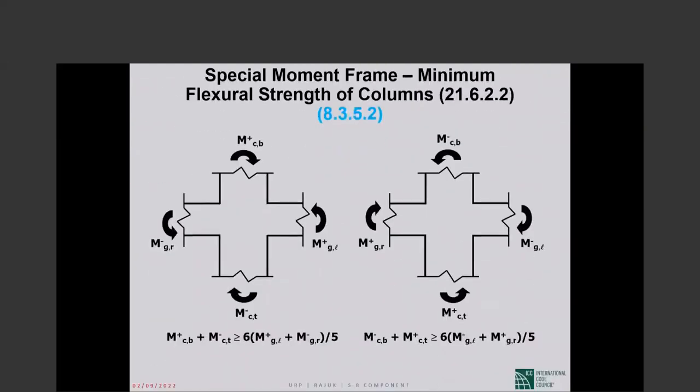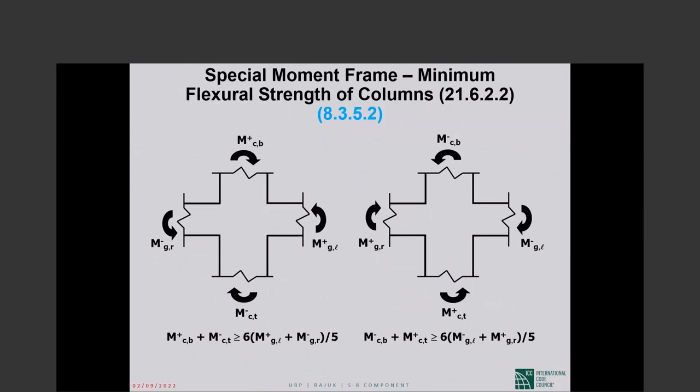Strong column, weak beam requirement. It came up in discussion yesterday when there was a question about a tube. This is an extremely important requirement that has been with us since San Fernando, 73 UBC is when this was introduced.